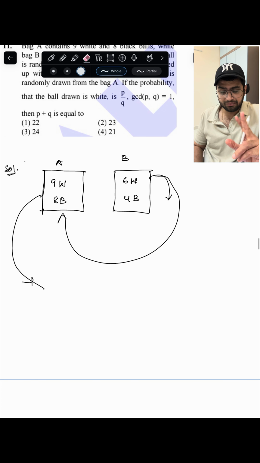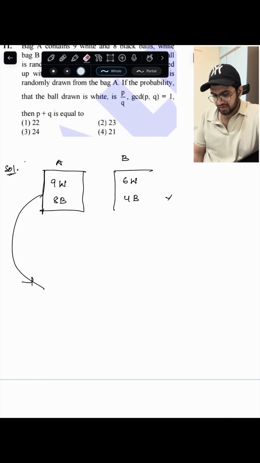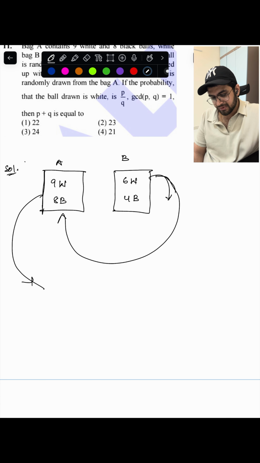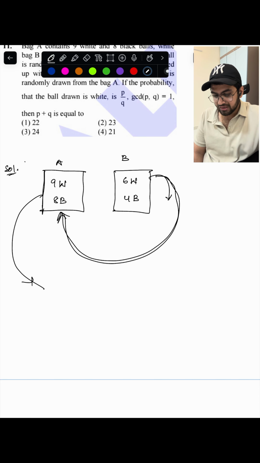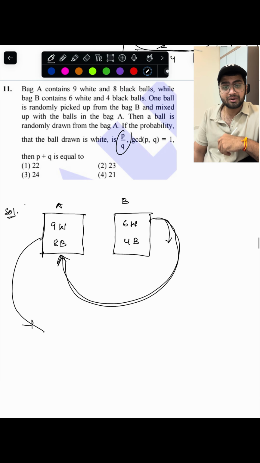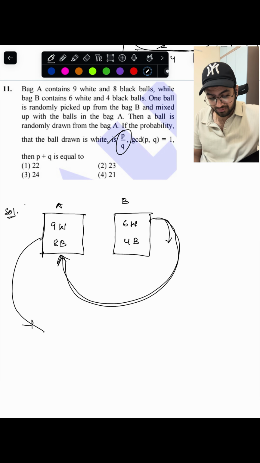There are two bags. Bag A is there, bag B is there, and from bag B one ball is drawn randomly and it is mixed with the balls of A. Now from bag A one ball is picked up and the ball is white and the probability is given to be P by Q. Now you need to find P plus Q. Now how to solve this?